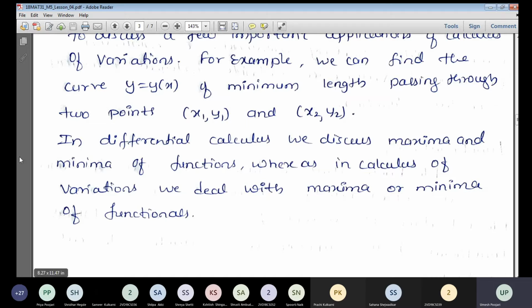But here we are going to deal with maxima or minima of functionals. Functional means there will be a definite integral.